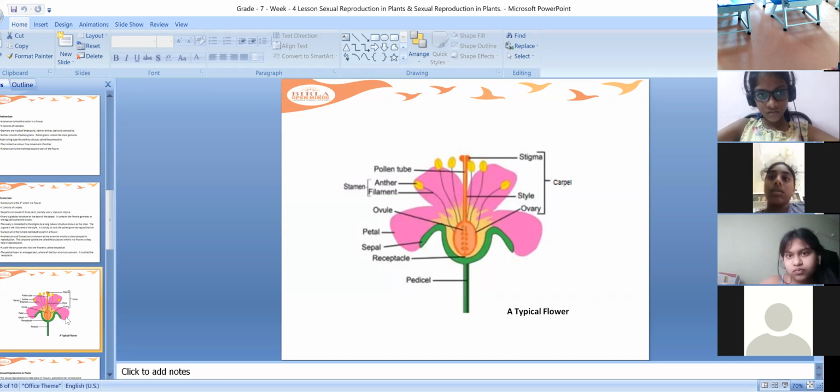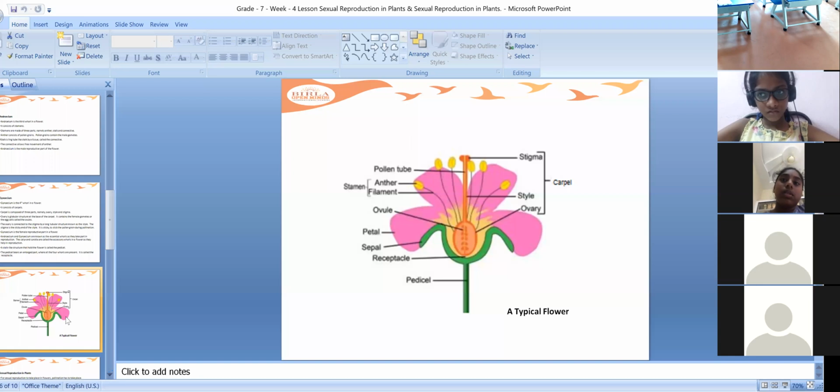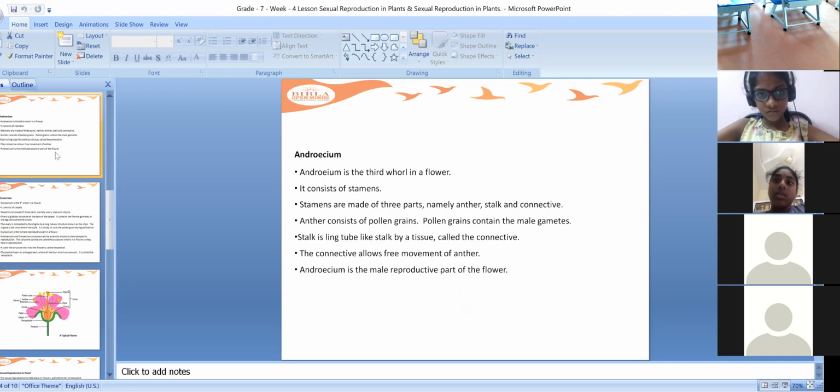You can see in this picture, stamens are made up of anther, filament, stalk, and connective tissue. So they are connected here.